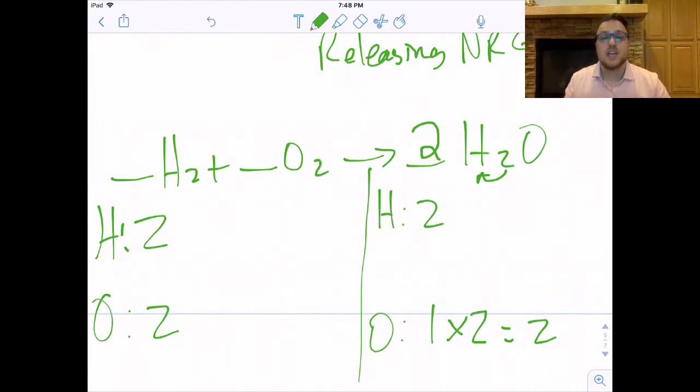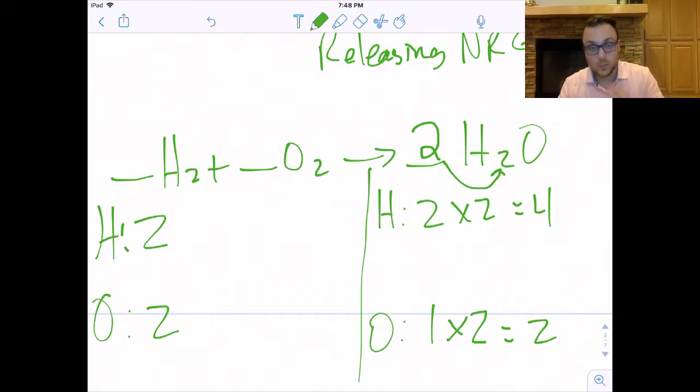So now I don't have 2 hydrogens anymore. I have 2 times 2, which is 4. Which means now I have to go back and fix this hydrogen here, because initially only 2 of those were going in. So if I multiply this one times 2, now everything is the same.